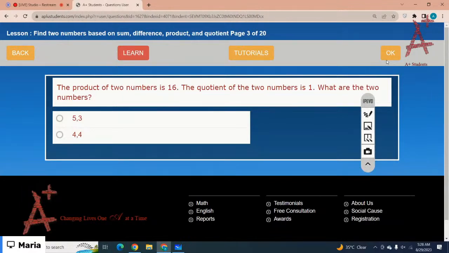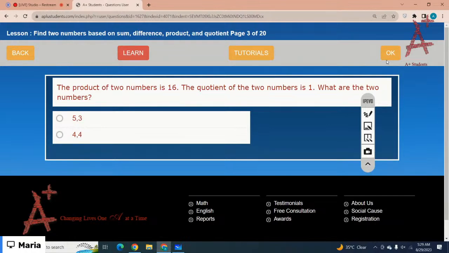The product of two numbers is 16, their quotient is 1. What are the two numbers? So, which is the correct option? 4 times 4 is 16, right?